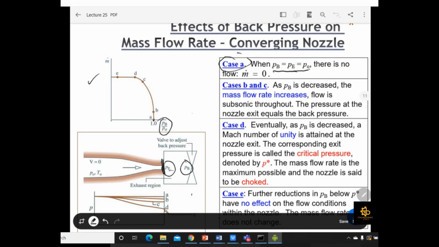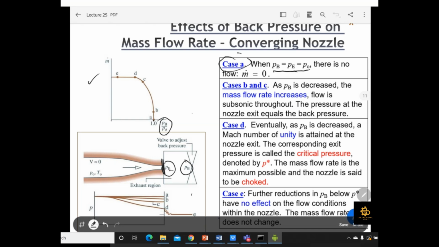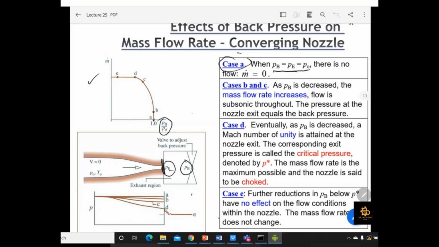Now moving towards cases B and C. Here we have just decreased PB, so we bring down the value of back pressure, and the mass flow rate increases, as you can notice from the graph. This is your point B. As you decrease the pressure, your mass flow rate increases, and the flow is subsonic throughout.